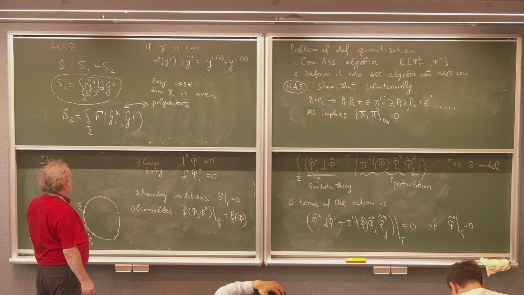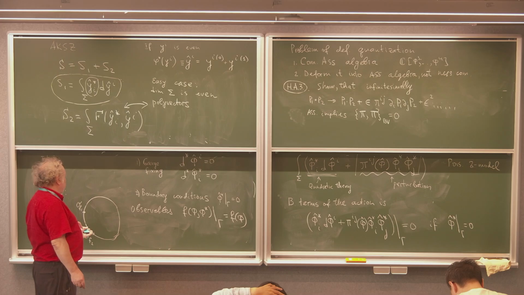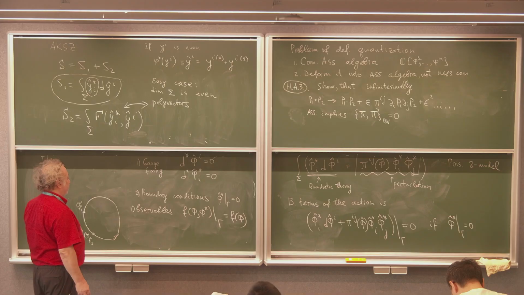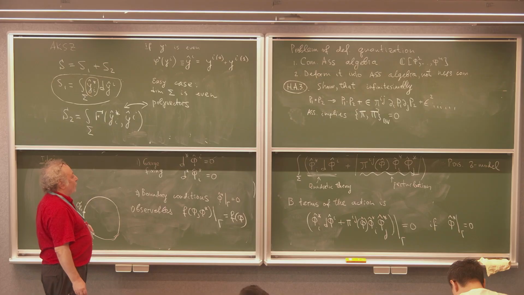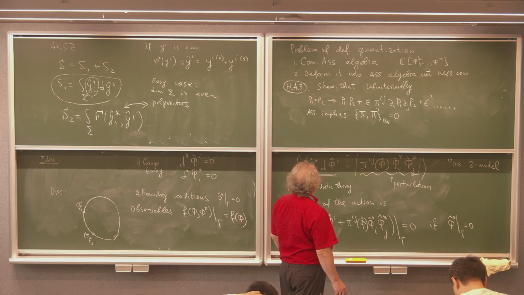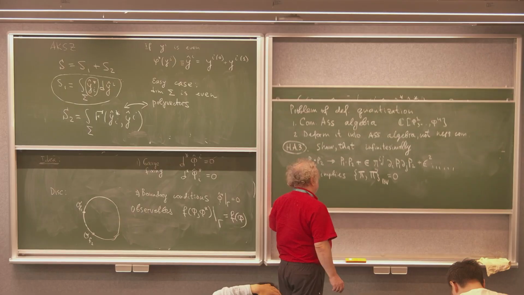So, the final procedure is just to compute correlators. How are we doing it? So now I'll erase this part of it.